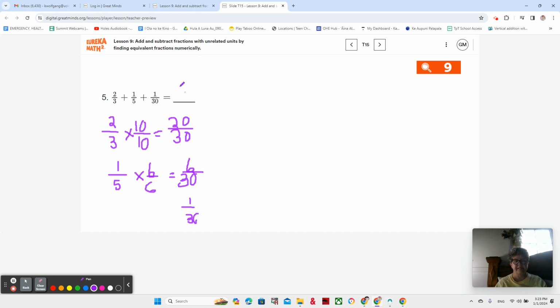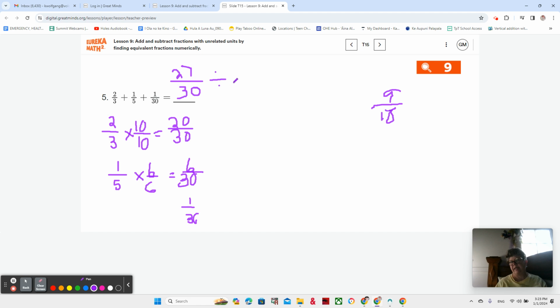27/30ths. Now we said in class that if we were going to divide 9 loaves of bread by 10 people, that would be 9/10ths, right? Is this also 9/10ths?